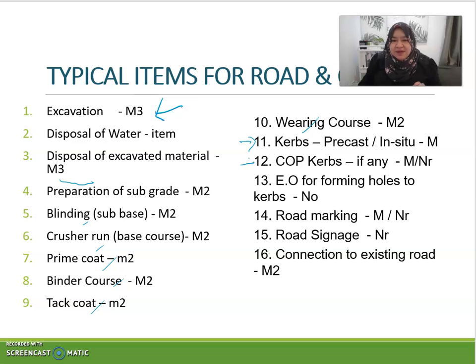And if you have COP, curve on plan curbs, it should be separated. Extra over in forming holes in curbs. And if you have road marking, it should be measured in meter or number, depending on the nature of the road marking. Road signages are normally in number, and lastly is a connection to the existing road in meter square.